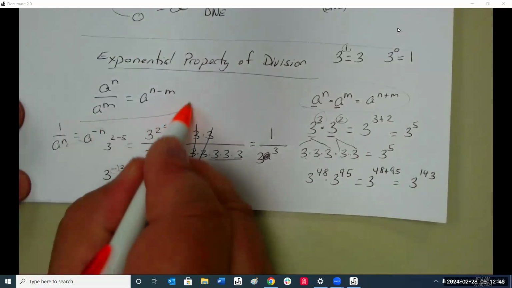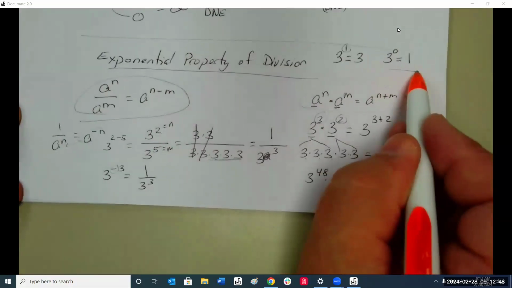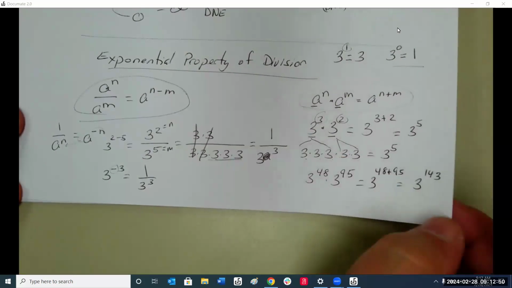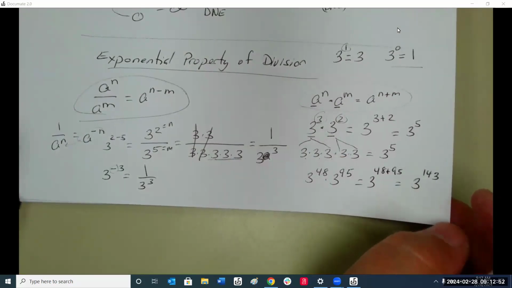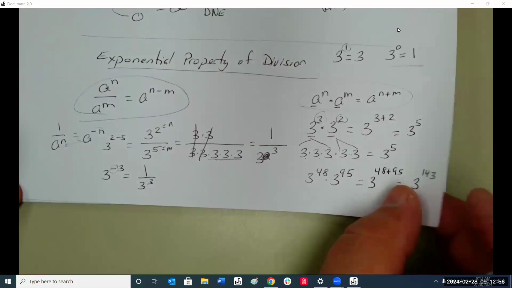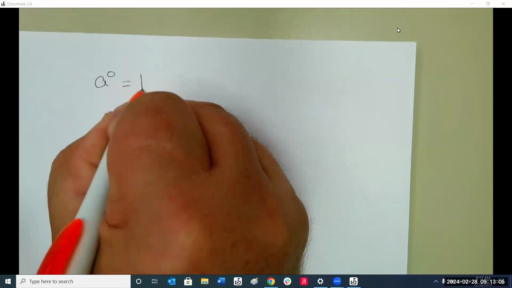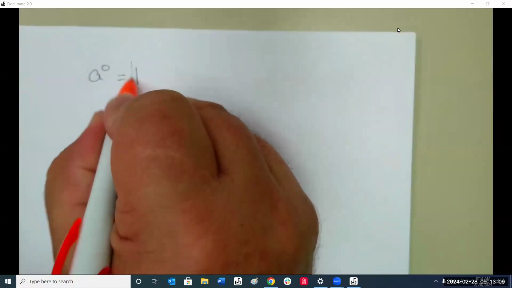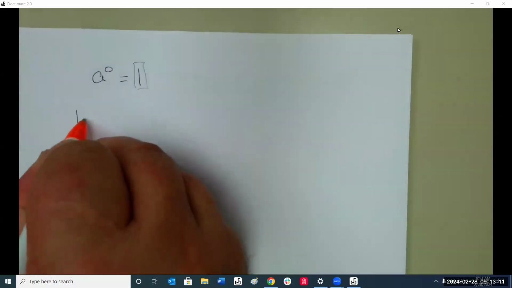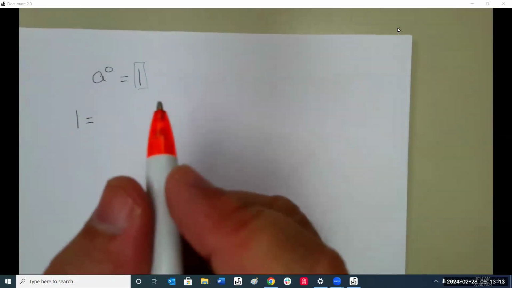Now that I taught you this, I can now prove this. Here's your first proof in mathematics. Let's prove that this is true. Let's start from the back. What equals 1 in mathematics?